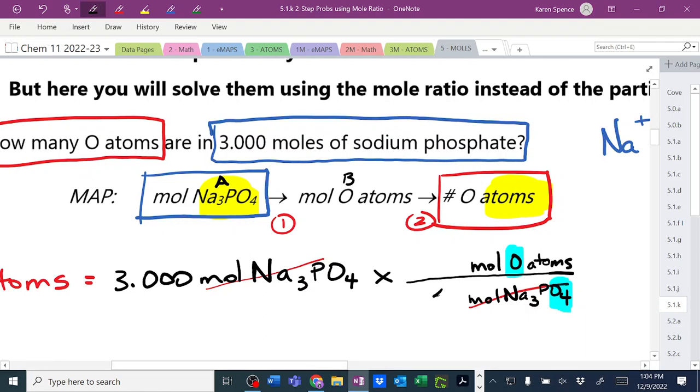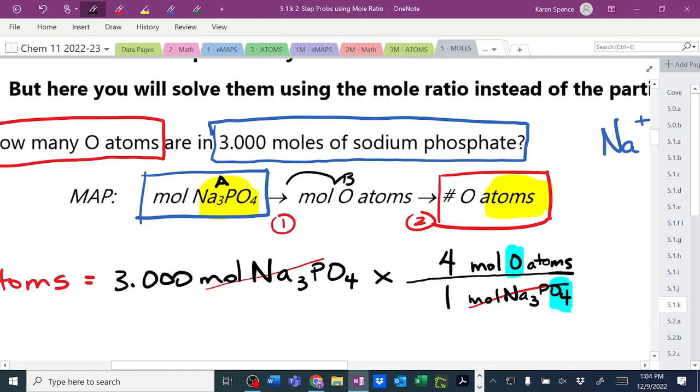There are 4 O atoms in one Na3PO4. So that means there's 4 moles of O atoms in 1 mole of Na3PO4. Okay. So that's step number 1.